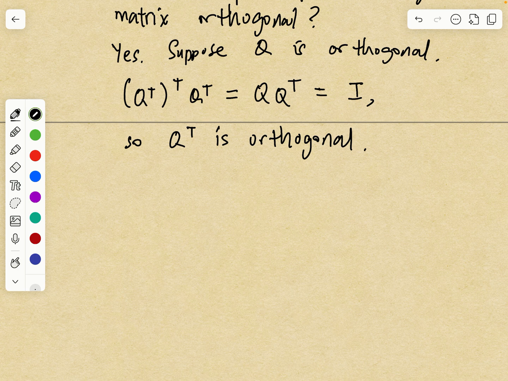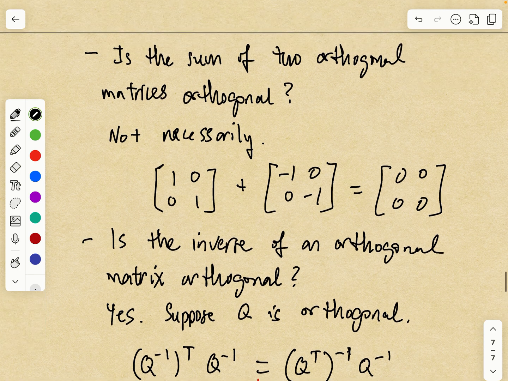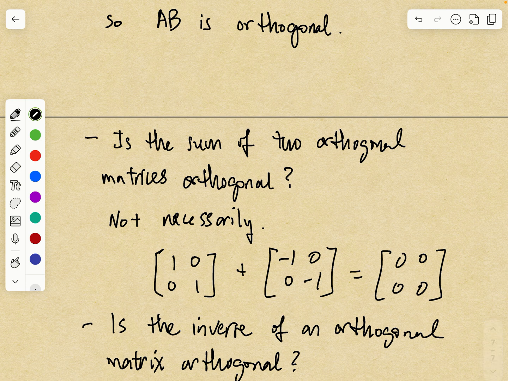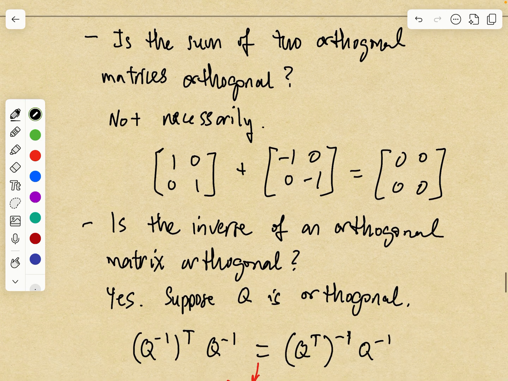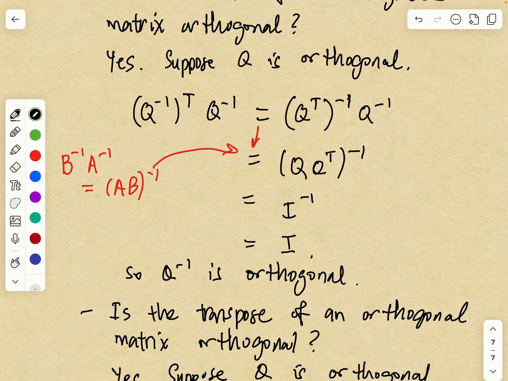All right. By the way, if you know anything about group theory, what we showed about the product of orthogonal matrices, the identity matrix, and also the inverse of any orthogonal matrix, those are all orthogonal. That shows that the set of orthogonal matrices forms something called a group.